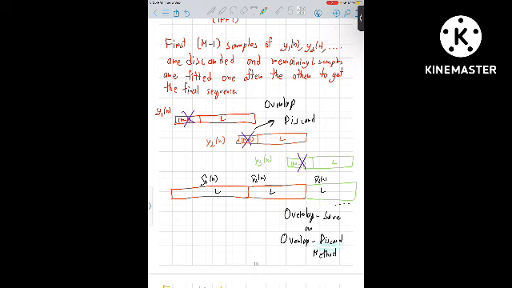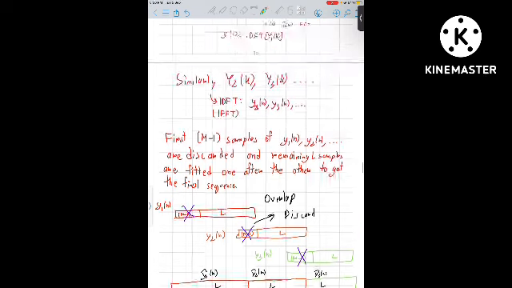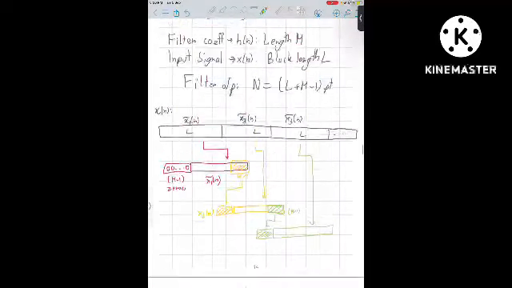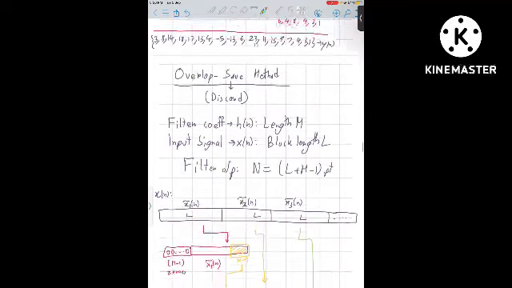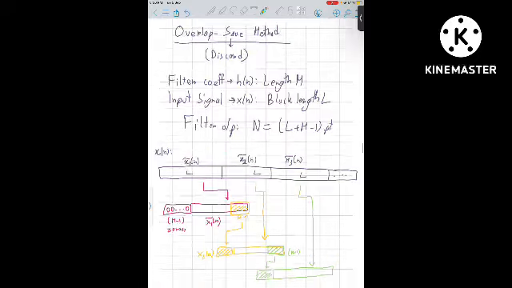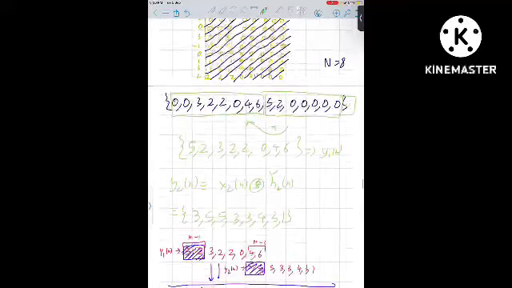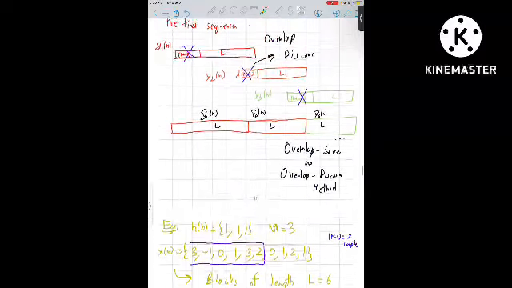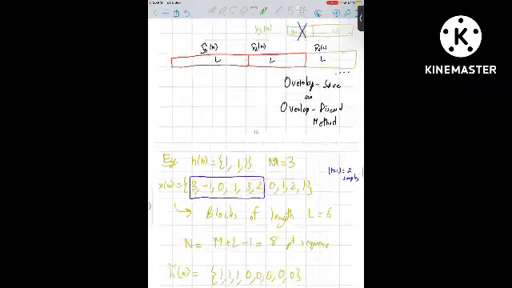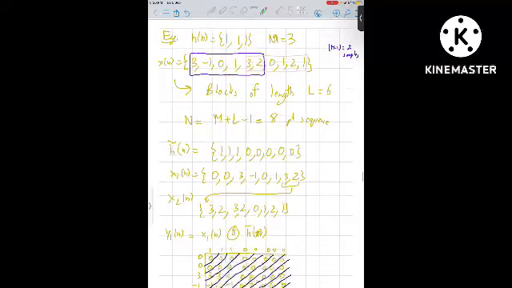Here what do we have? We have h of n as 1 1 1. So what is our m? M is 3. And what do we have for xn, our input signal? 3 minus 1 0 1 3 2 0 1 2 1.